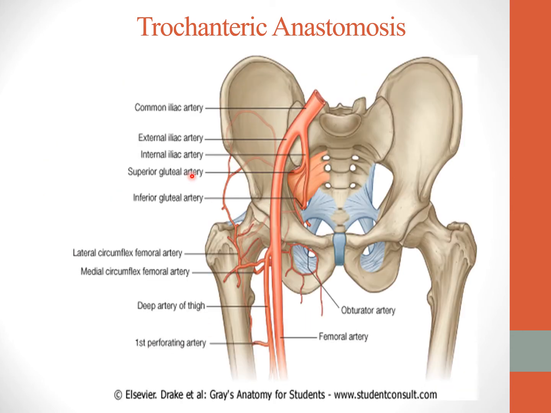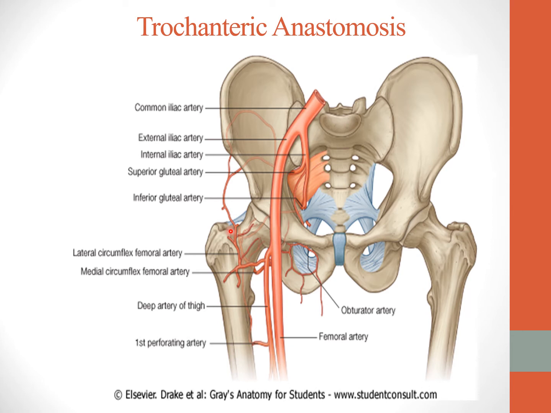Here you can see the internal iliac artery, which gives the superior gluteal and inferior gluteal, and these are anastomosed with the medial and lateral circumflex. This anastomosis mainly takes place around the trochanteric area. That's why it is known as the trochanteric anastomosis, and it also supplies the area in the same region.